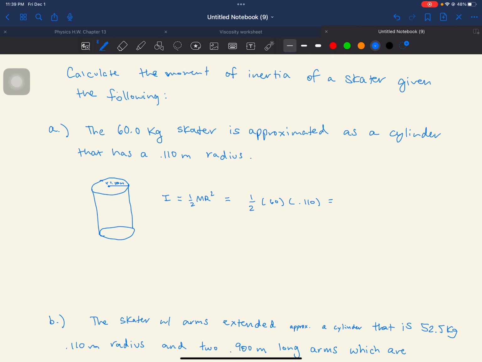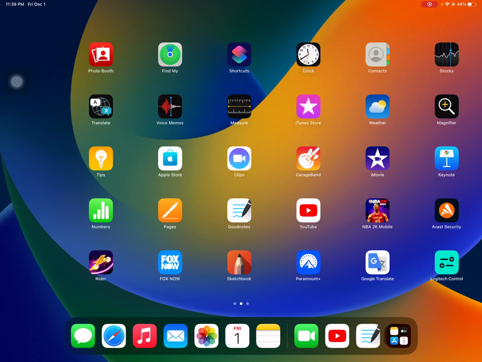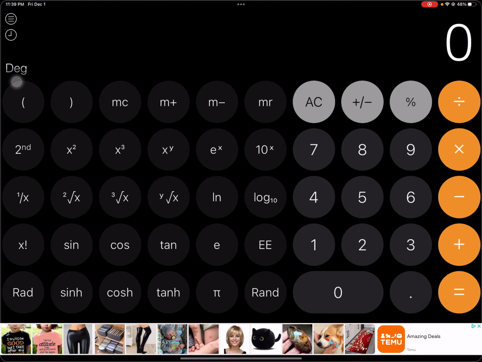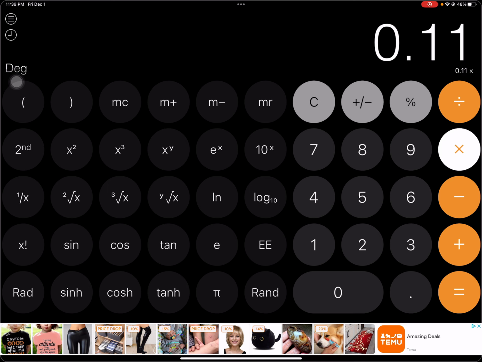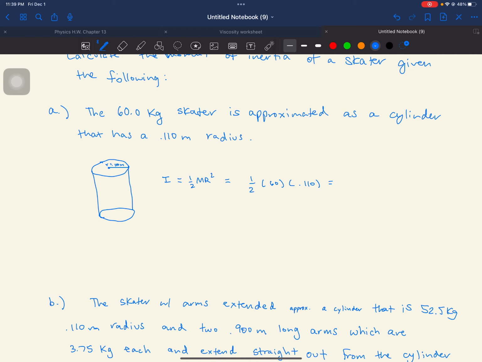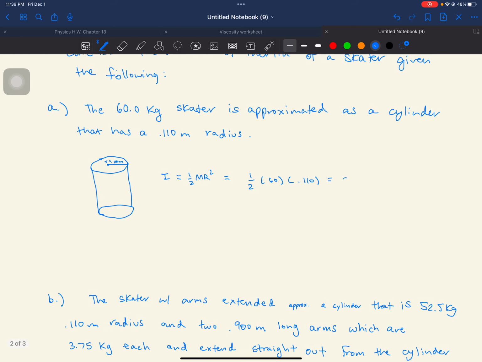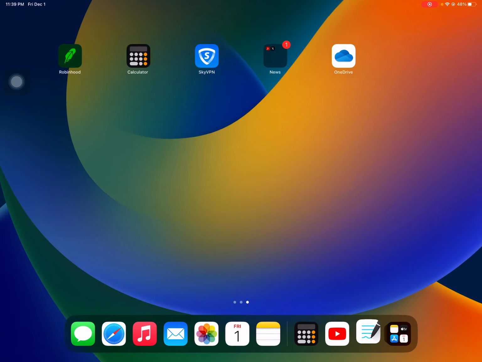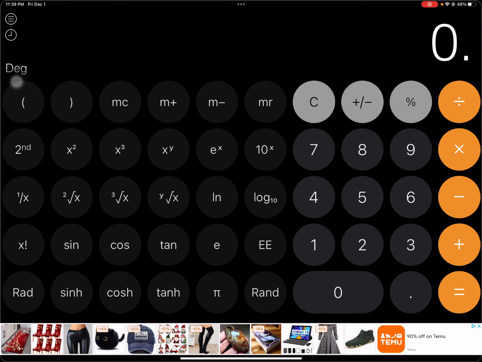We would get 3.3. Just a second. 0.110 squared times 60 divided by 2.